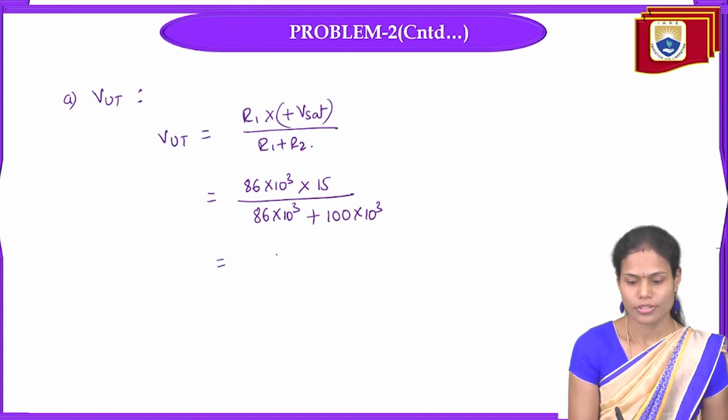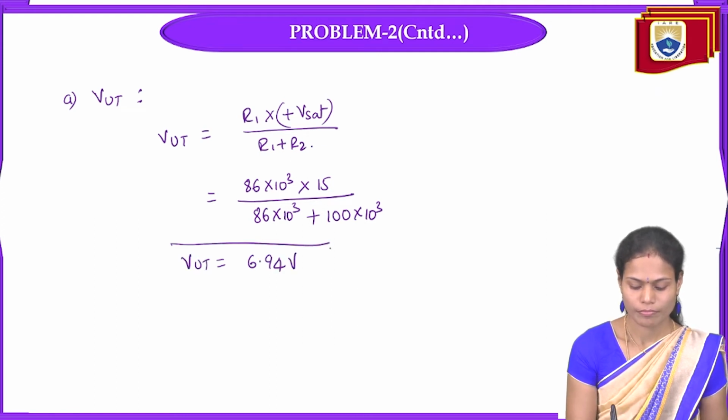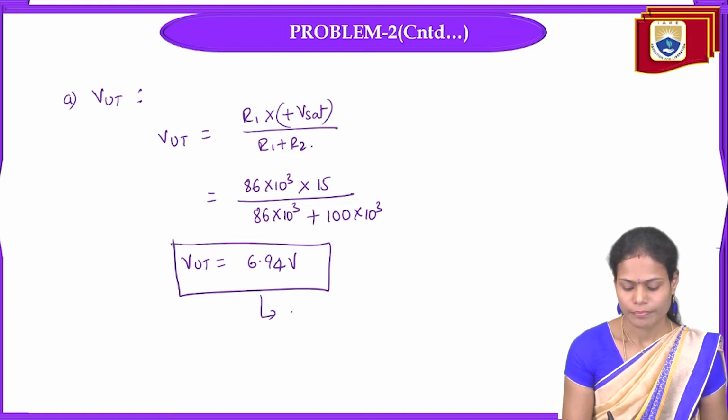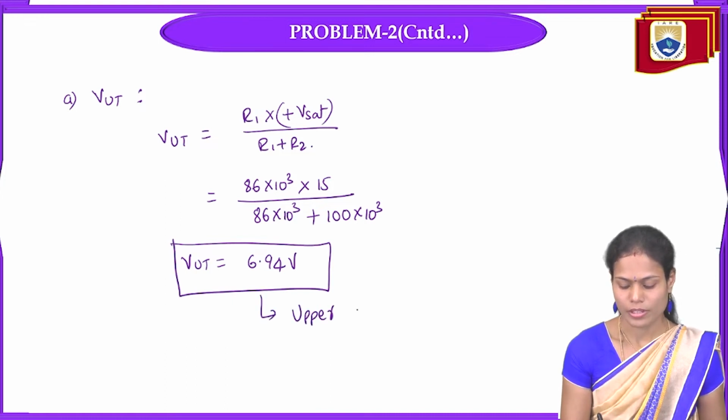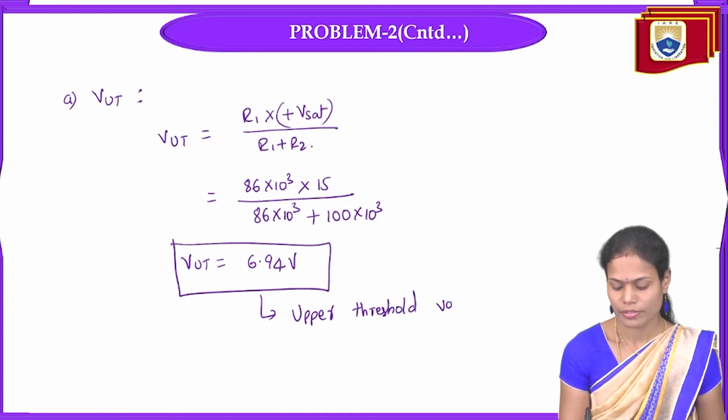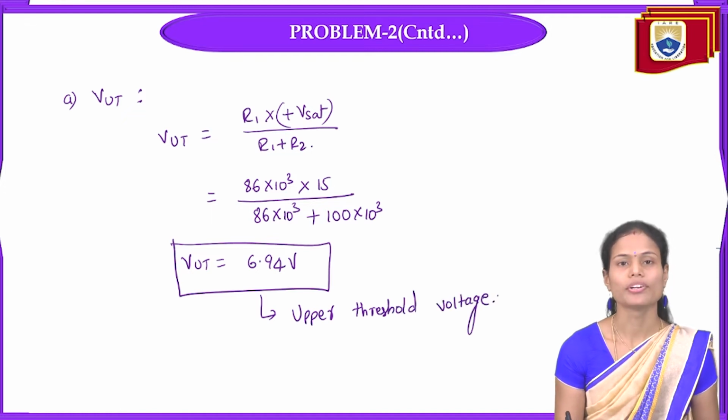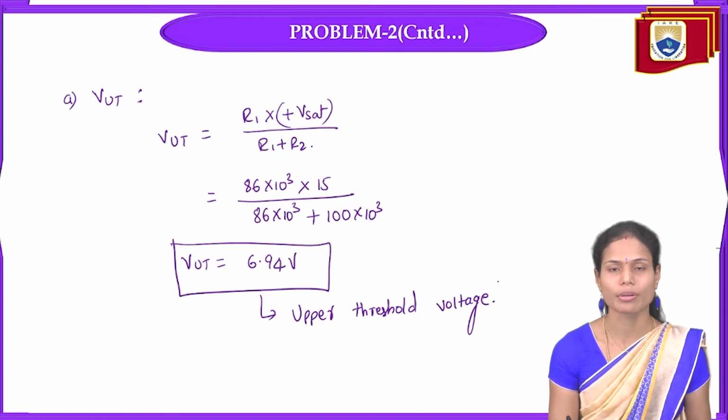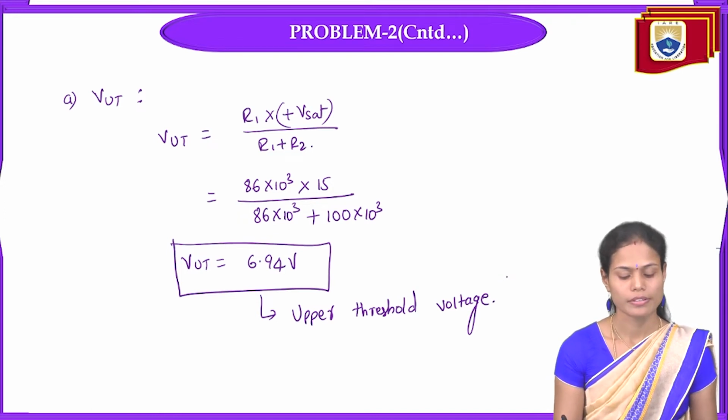After simplification, we will get this value as 6.94 volts. This is the upper threshold voltage of the waveform generated from the given circuit.